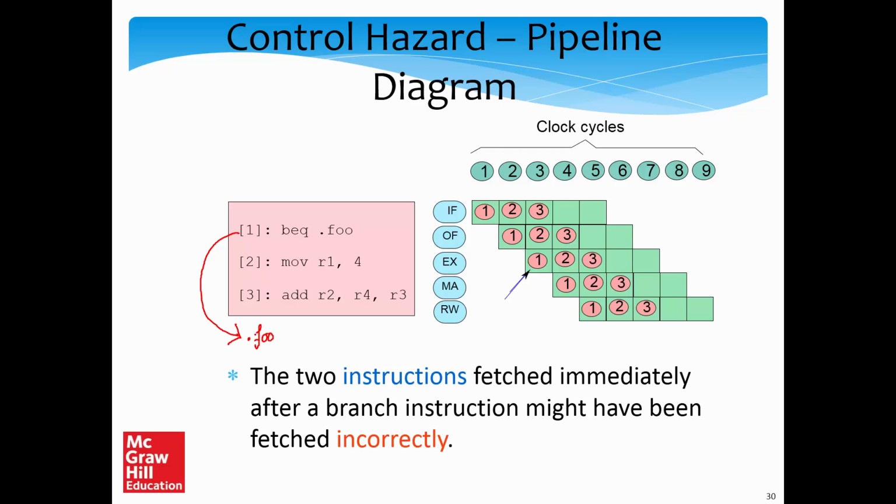If the condition is not true, then we will execute instructions 2 and 3. Now, when I draw the pipeline diagram, in cycle number 1, instruction 1 enters the IF stage and it will continue.